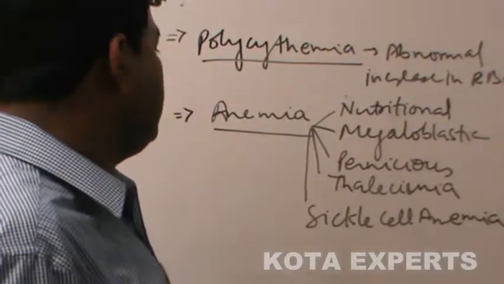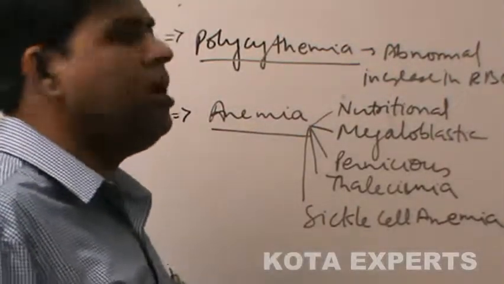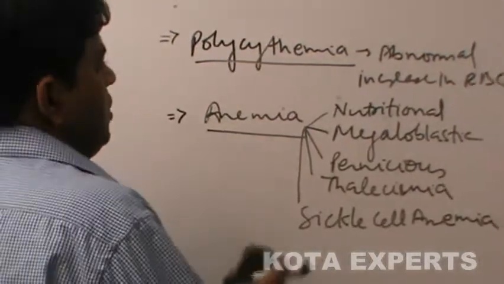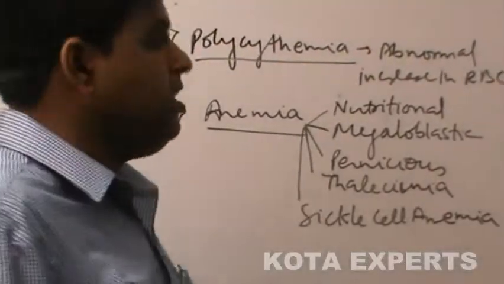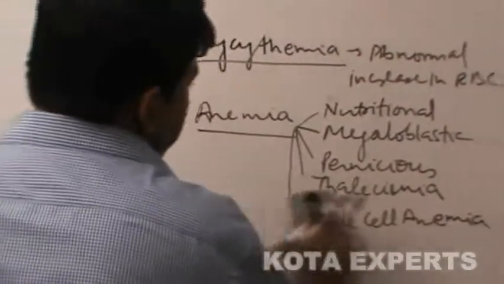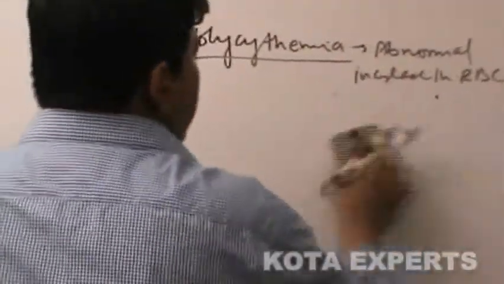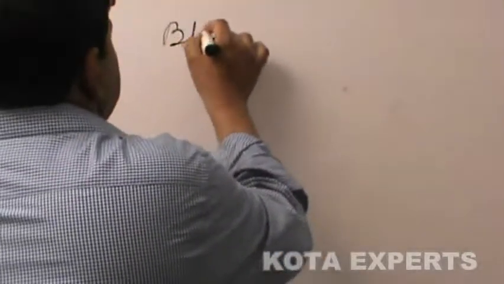So this is the condition when there is an abnormal decrease in the number of RBCs. Polycythemia is the abnormal increase in RBC number. Now this is about the blood. Now coming to our blood vessels, the next component of the closed vascular system.